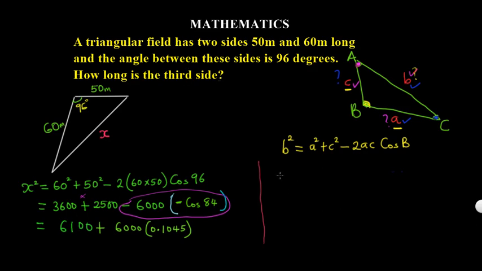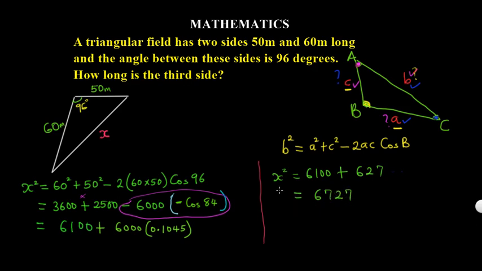Here we have x squared will become 6,100 plus 6,000 multiplied by 0.1045. Please, it is not 0.1045 read as a whole number; it is 0.1045, pronounced by reading the numbers after the decimal. When you multiply that, it gives you 627.